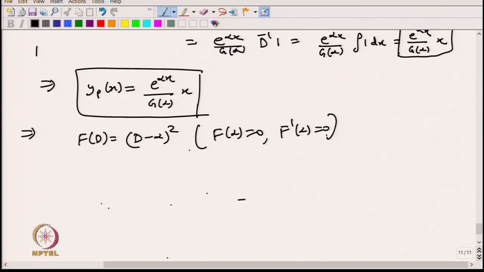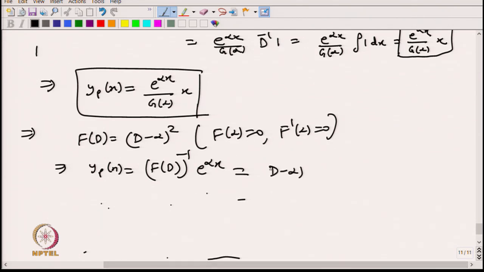So, both conditions are happening now. In this case, if I want to find my particular solution, it will again be f(D) inverse on e raised to power alpha x. Now, this is again (D minus alpha) whole square inverse on e raised to power alpha x.